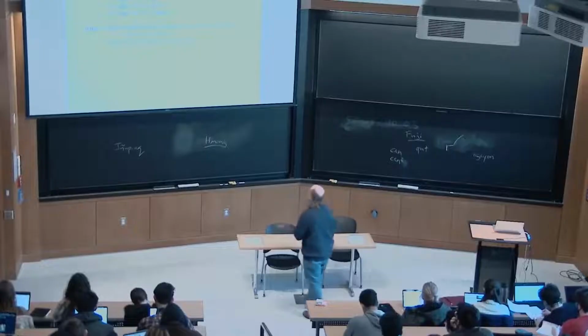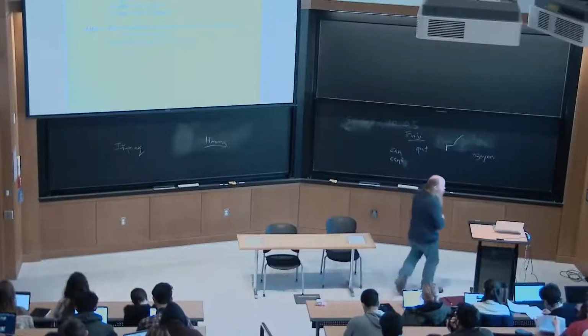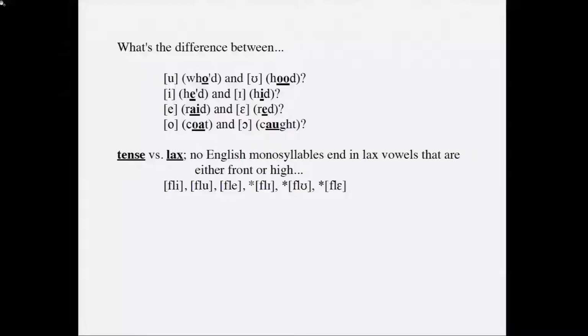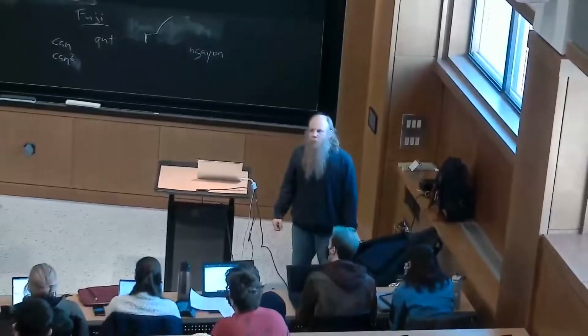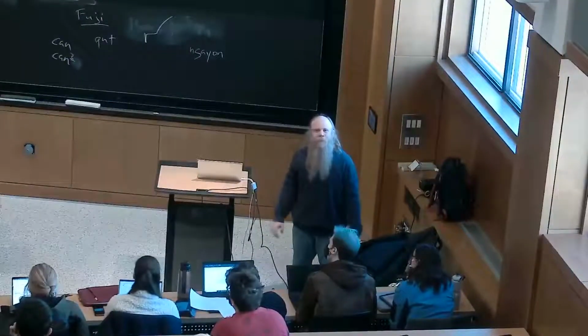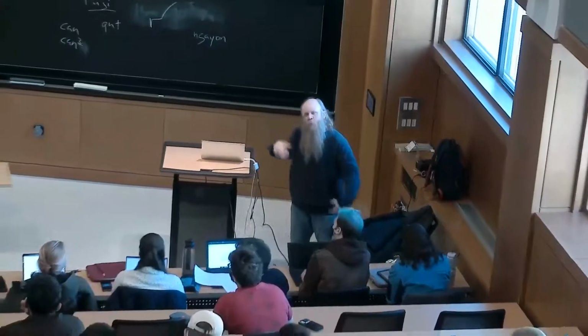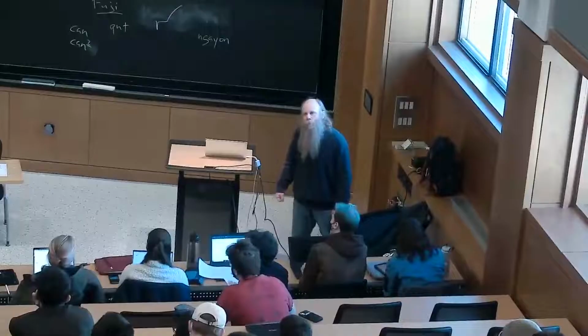So oo is a high back rounded tense vowel. And if you go back and forth between oo and oo, the idea is basically what you're doing is relaxing. So your tongue is not quite as rigidly high and back as it would be for an oo when it makes an oo.